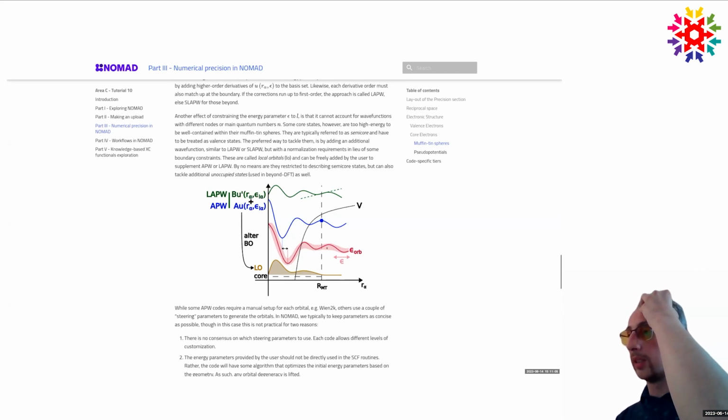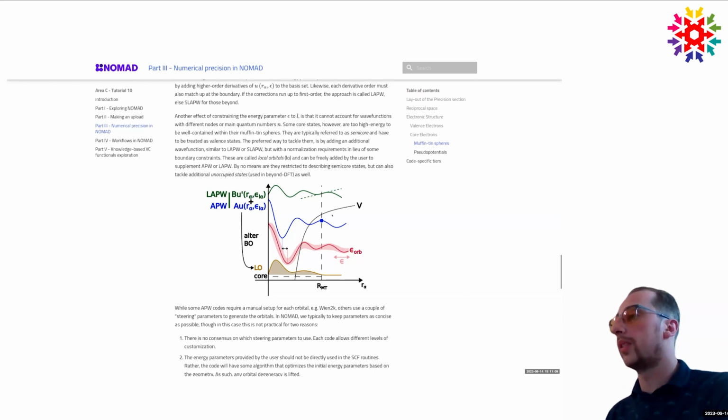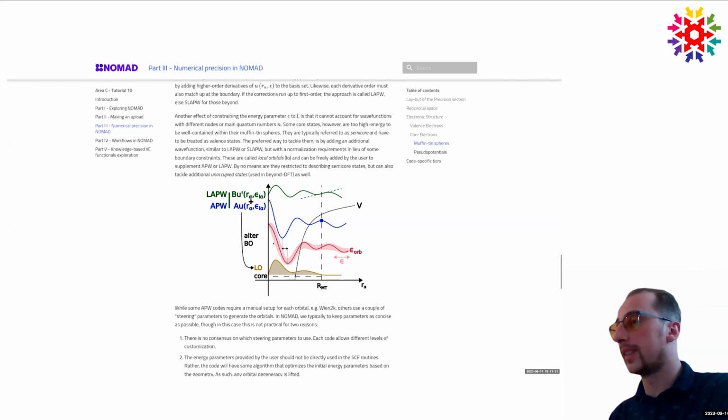So that's what you see in the pink here, what you would get as you start playing around with the energy parameter. But this gives you a set of nonlinear equations, and it's pretty resource consuming to have this type of approach. This is the original APW formulation as specified by Slater.